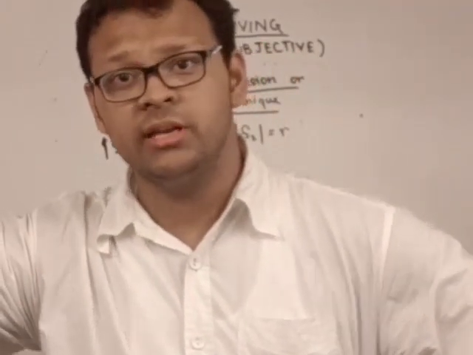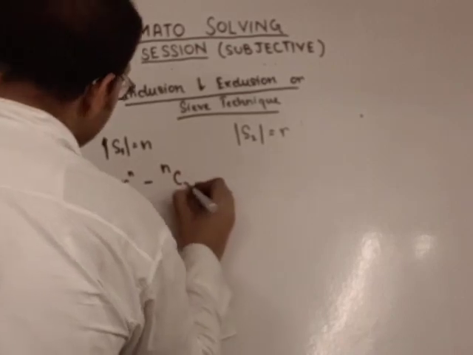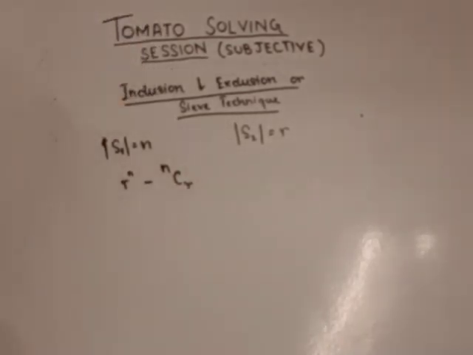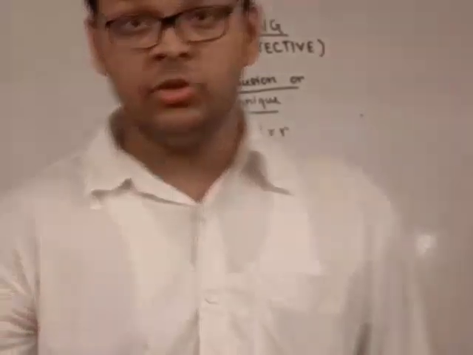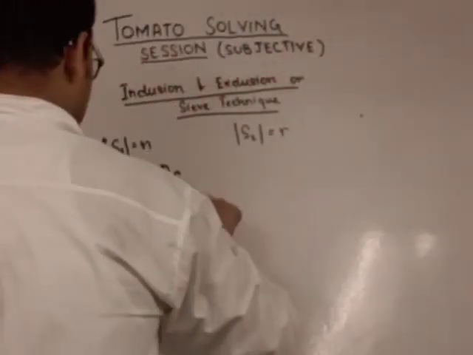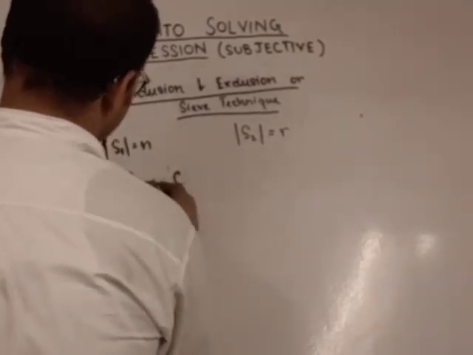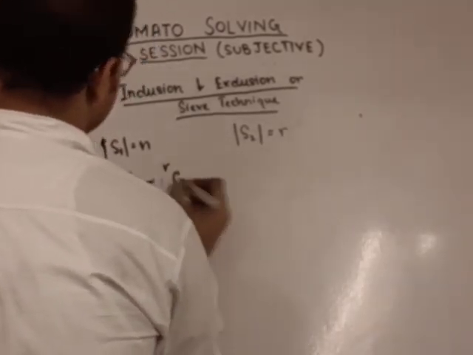So what you do is you select a box out of the r boxes and make that empty. It's not nCr, since there are r boxes, it's rC1. So you select one box.